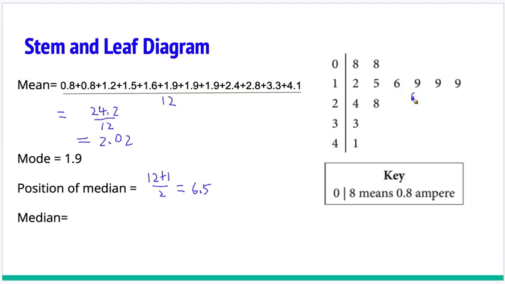So this is the 6th score, and this is the 7th score. And the median is between the 6th and the 7th score, which is 9 plus 9 divided by 2, which is still 9.